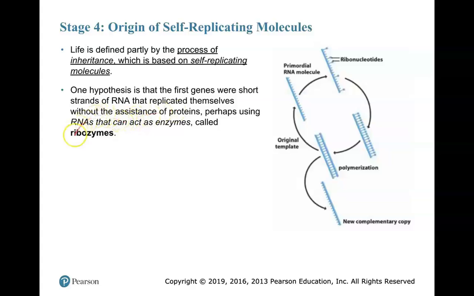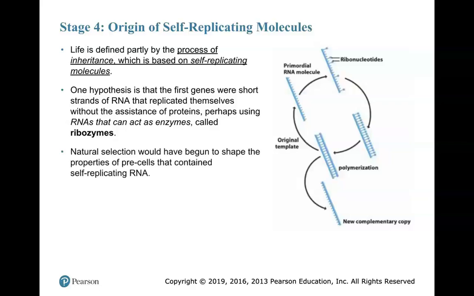These are called ribozymes. They're actually in themselves enzymes that are nucleic acids that can then leave instructions for the next life form to exist. So that's stage 4, the origin of self-replicating molecules. Very early stages of inheritance. These are ribozymes.